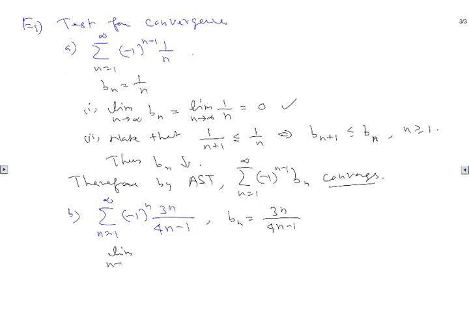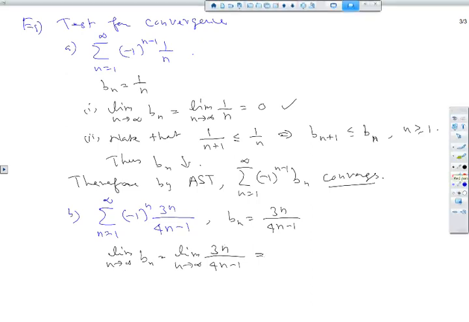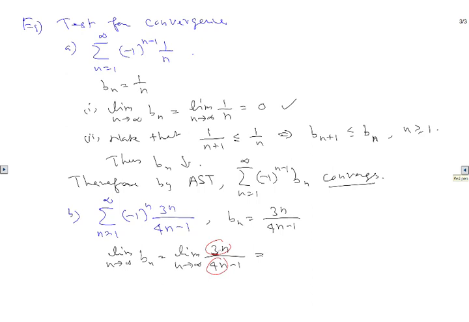The limit as n goes to infinity of Bn, which is the limit of 3n over 4n minus 1. This is an infinity situation, so you only need to worry about the largest term of the numerator and the largest term of the denominator. We are not going to do dividing by n anymore because we are advanced now.